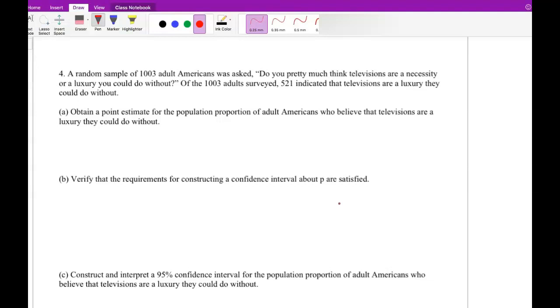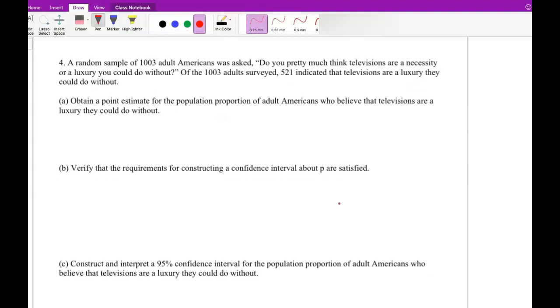Okay, now next page. This one, we have a random sample of 1003 Americans who were asked, do you think televisions are a necessity or a luxury you could do without?